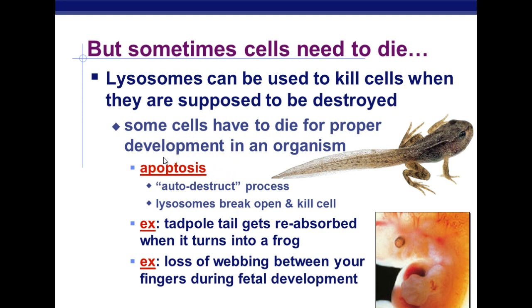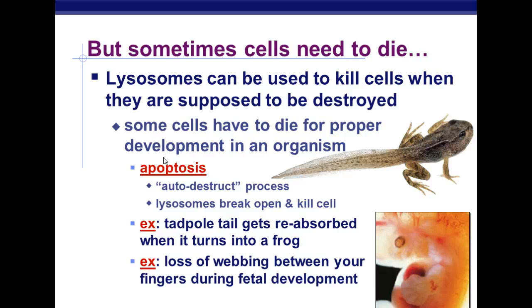Write that some cells have to die for proper development in an organism and are replaced by newer, better functioning cells. Basically, cells wear out over time and need to be replaced. Also write that lysosomes break open and kill these cells and then digest them. This happens in human red blood cells on a regular basis.